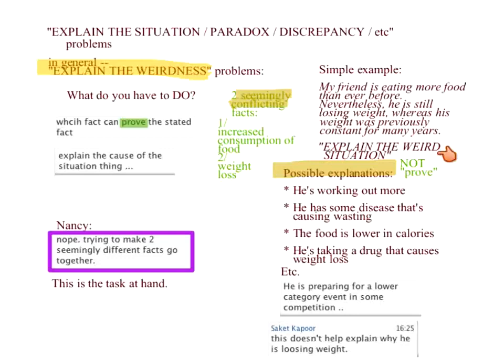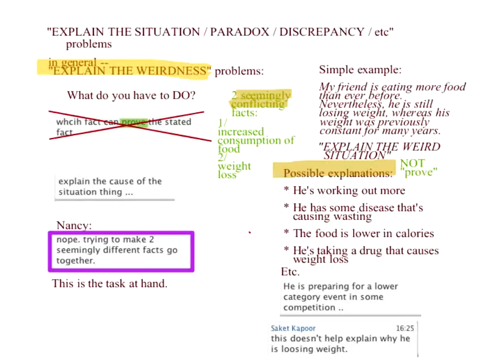So this, which facts can prove it, is, I think you might be thinking in the right way, but the word prove is not the right idea. Because you're not proving things, you're just coming up with some possible explanation. This is more accurate, although there's a word that we need to throw in there to make this totally accurate, which is we have to throw the word possible in there.